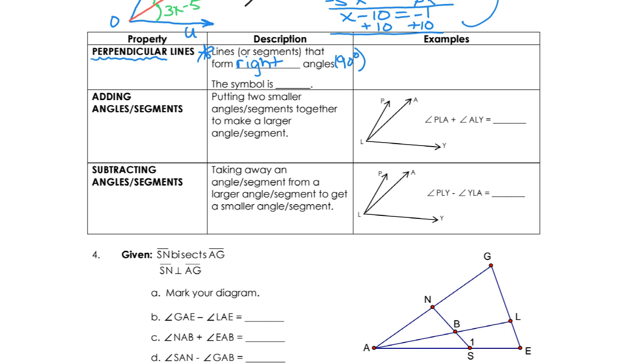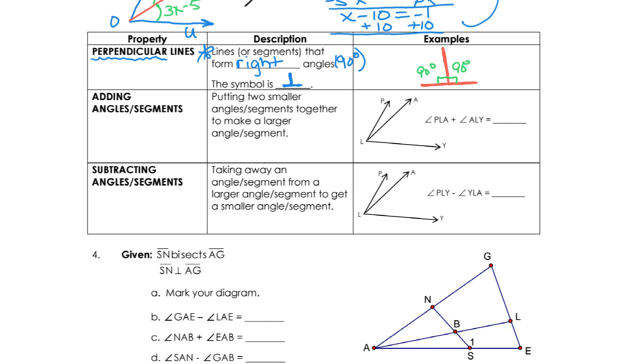The symbol for perpendicular is an upside down capital letter T. And I think it's funny that this is the symbol because if you think about it, and I draw the symbol big over here, this is a perpendicular symbol, and guess what is right here? 90 degrees. Guess what's on the other side? 90 degrees. And so the right angles in the symbol for perpendicular are the 90-degree angles. So you should always remember that perpendicular lines, upside down capital letter T, that's the symbol because that has 90-degree angles in it.